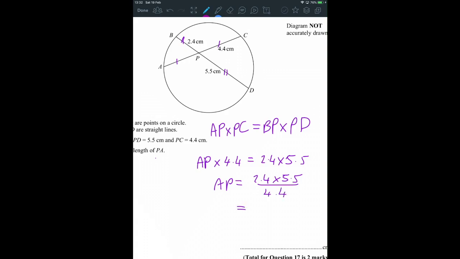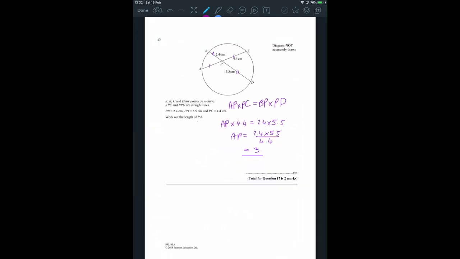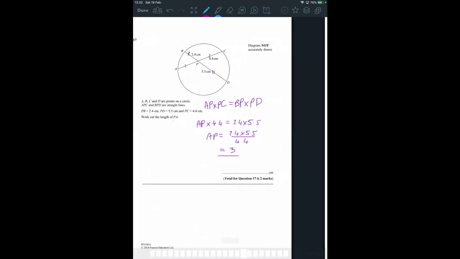Typing that in, we get the length of AP is 3. That's incredibly promising that we got such a nice value out. The question didn't tell us to round, so if I got a horrible decimal I would have been very worried.